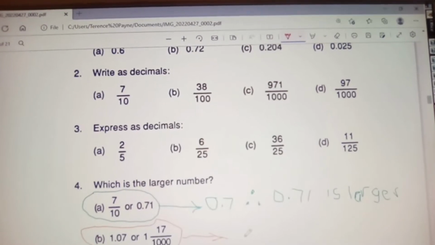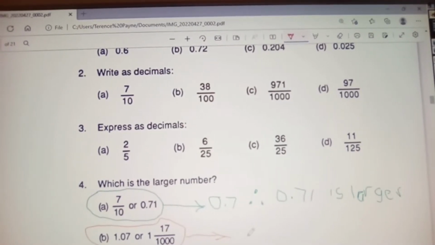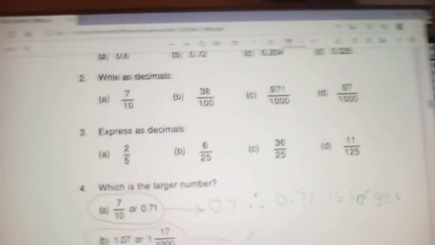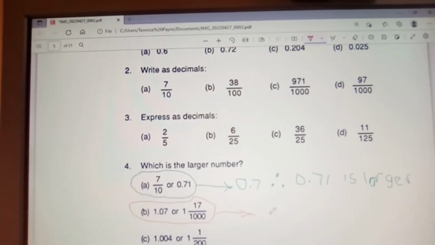Let's find out. So what we need to look at now is to divide. We need to divide 17 by 1000 to bring it to a decimal. Let's see how that works.